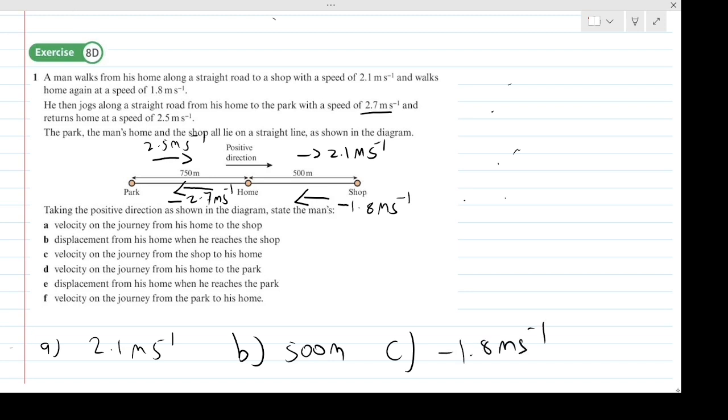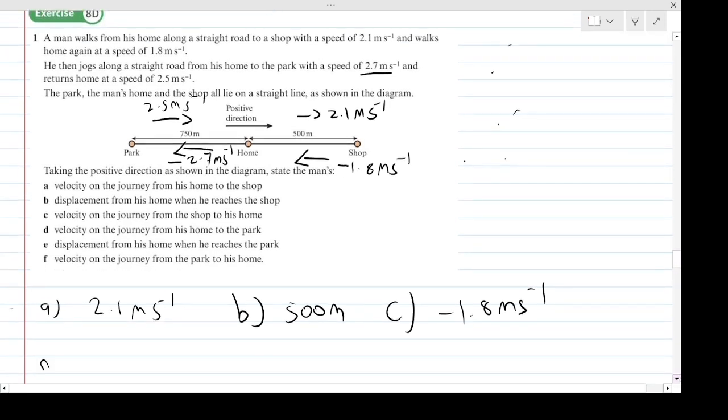Then part D, it wants the velocity from his home to the park. From the home to the park, it's going to be that way. So minus 2.7 meters per second. And then part E, the displacement from his home when he reaches the park.